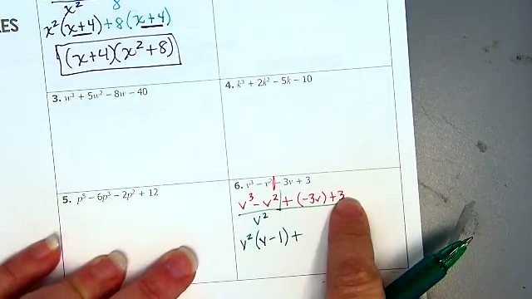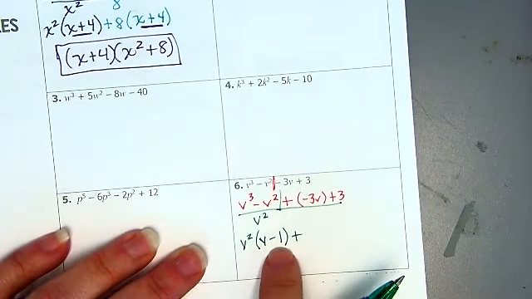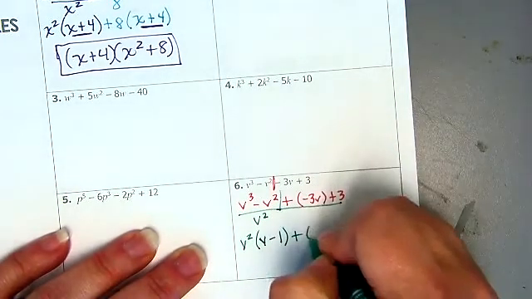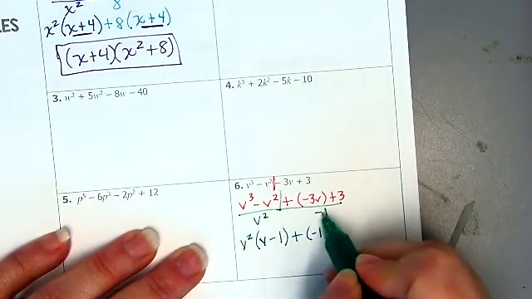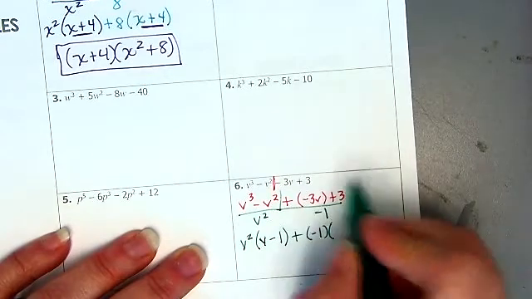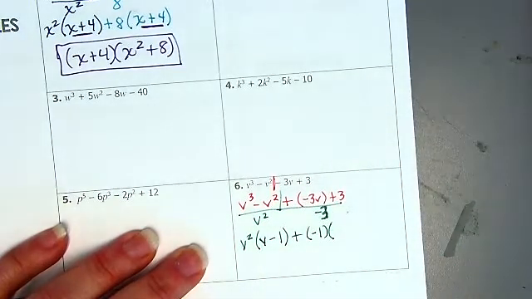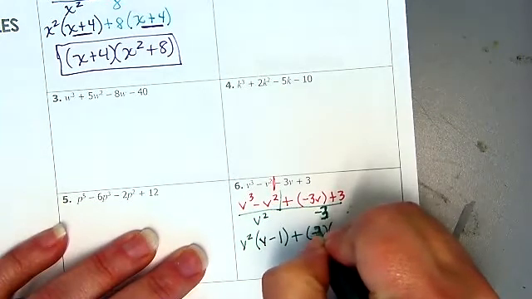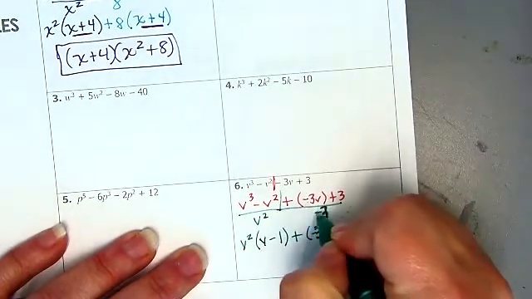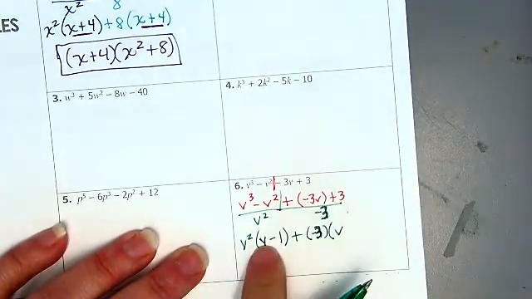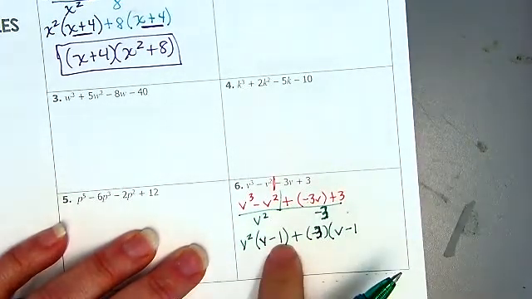I want this to be the same, so I'm going to pull out a -3, because I want to end up with v minus 1 when I divide. Negative 3v divided by -3 gives me a positive v, which is the same as this over here. 3 divided by -3 gives me a -1, which is the same as the -1 right here.